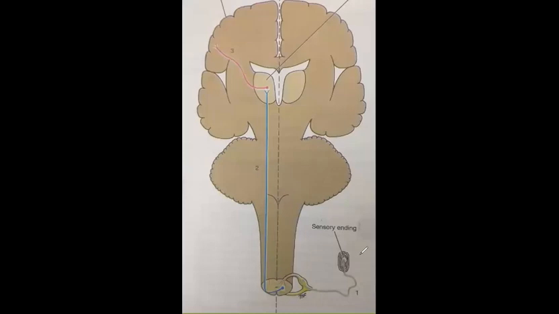So this is your sensory ending or your effector organ. At the level of effector organ, you see this is the first order neuron, and wait a second, there's a little dot present over here at this level.